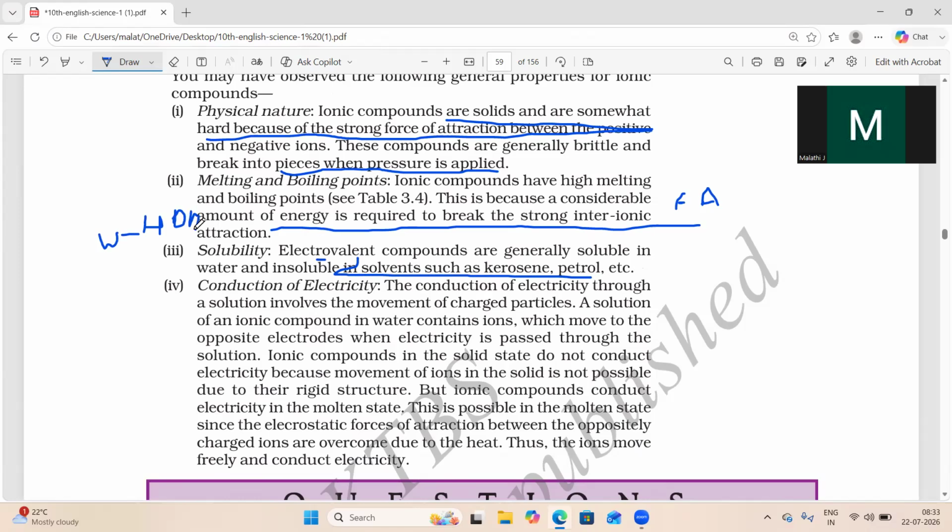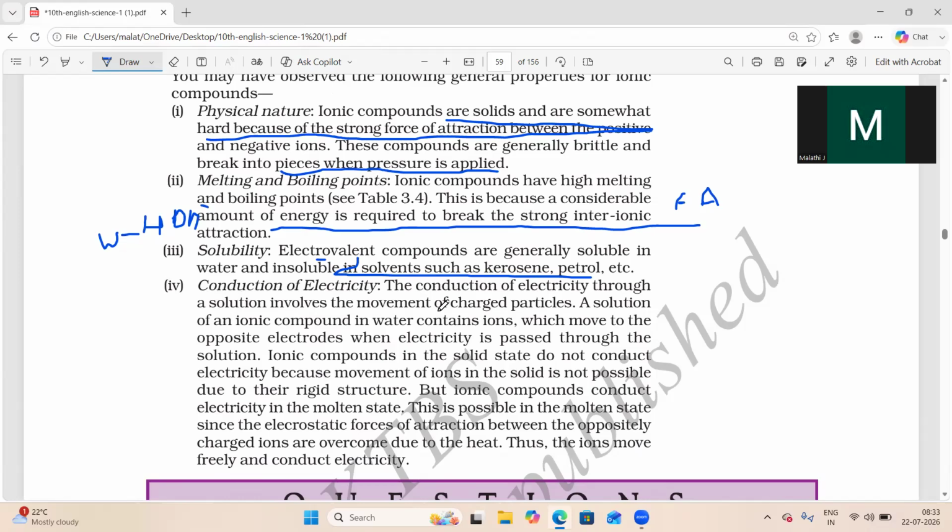Because of these ions present in the water, ionic compounds are soluble in water. It is a polar solvent, so they dissolve easily in it.